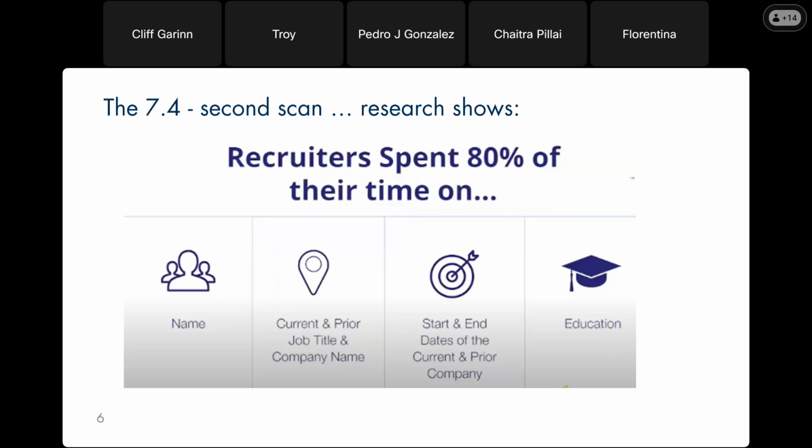Then they may go back up to look at your summary of qualifications. And they also might look at your education, of course, so that's a qualifying factor. So all these things, they may be bouncing around on your resume. So you want to be really careful to make sure that it's as easy as possible to find that information. So you don't want to make it too wordy. You don't want to make it too cluttered, things like that.